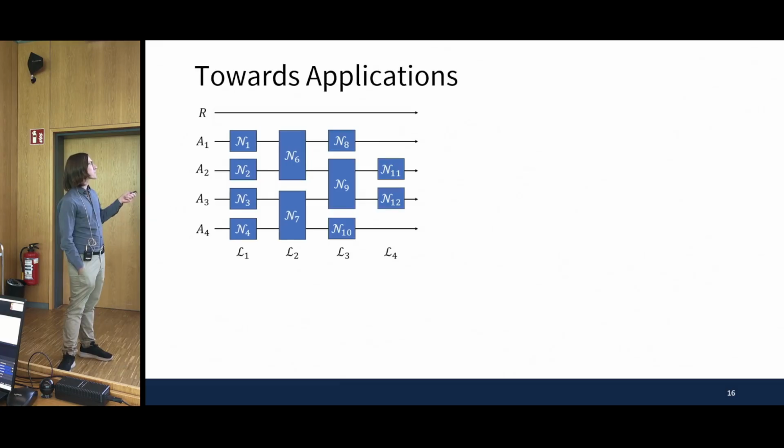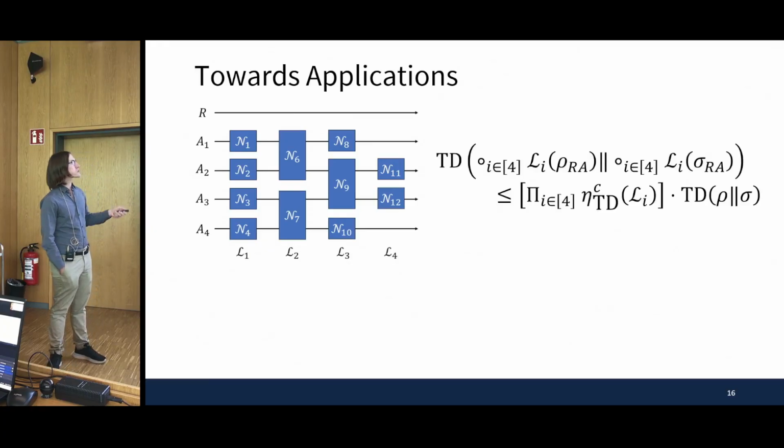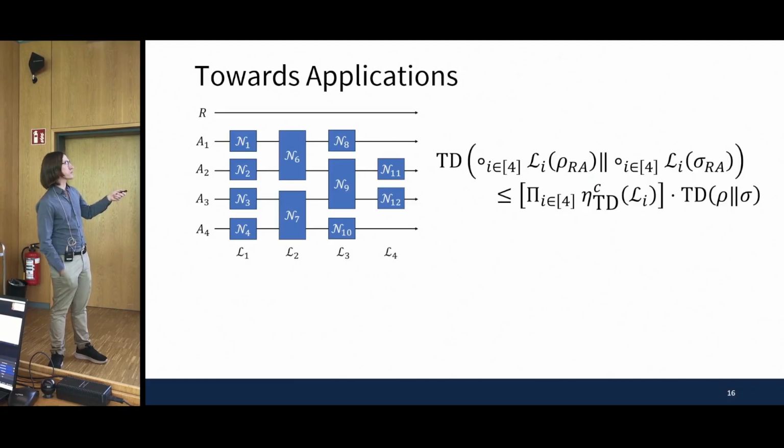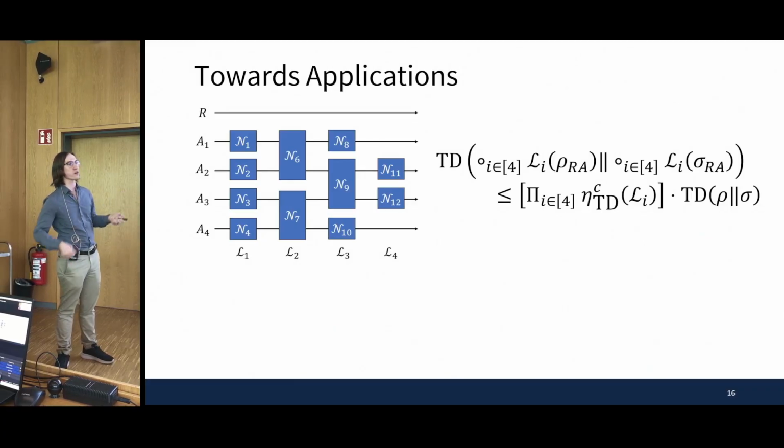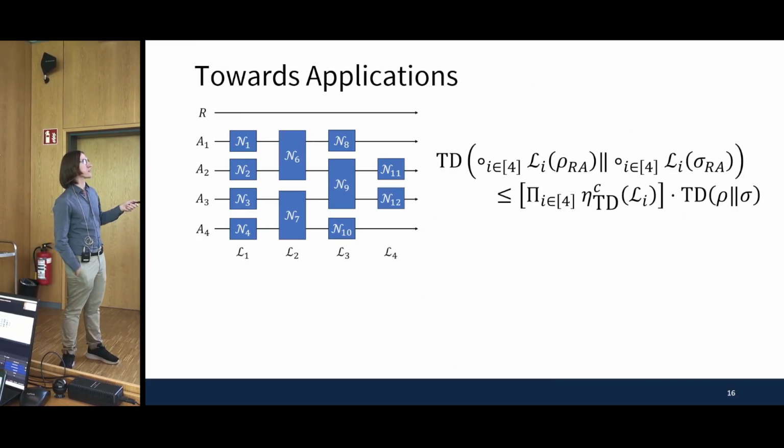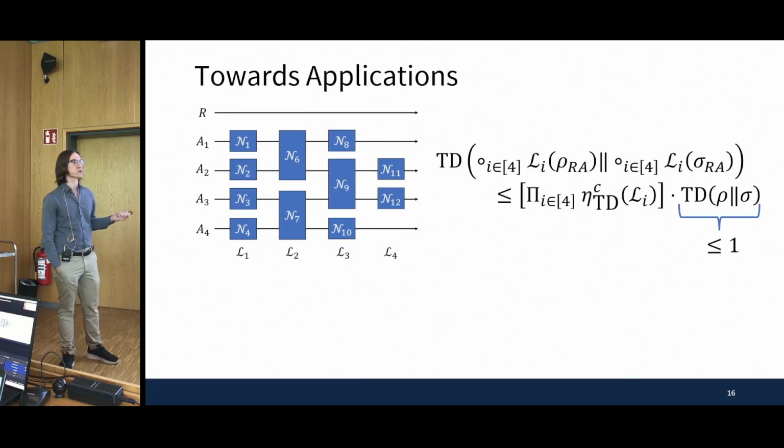So we go back to this idea where we have the circuit and we have the ancillary registers, which is relevant because we want to think about the complete contraction coefficient. And we can really just peel things off, right? So we start with the complete contraction coefficient peeling off in the way that we wanted earlier by the multiplicativity. Then we have the inputs, which are distinguishable under trace distance, but this is just going to be less than or equal to 1. So really all we care about at this point is calculating these complete contraction coefficients.